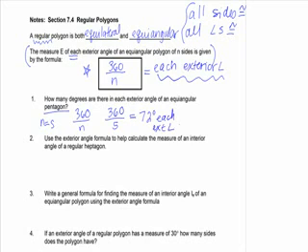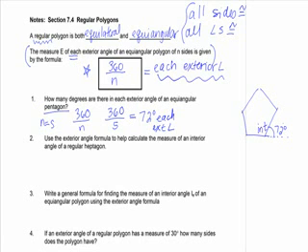Now I want you to think about the relationship between an interior angle and an exterior angle. So what I'm going to have you do is to draw a pentagon. Draw a pentagon, and we just found that its exterior angle here was 72 degrees. So label the exterior angle. Let's think about the relationship between an interior angle and an exterior angle. Andrew, what do you think the relationship is? They are supplementary.